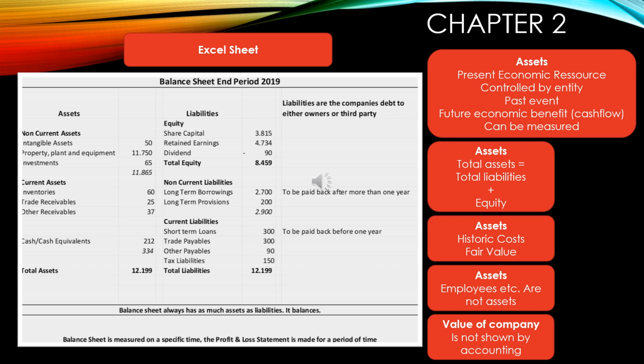The reason for the company to hold inventories is to sell them. The reason for the company to give credit to its customers and thus create trade receivables is that they hope that this money will be paid back to the company.